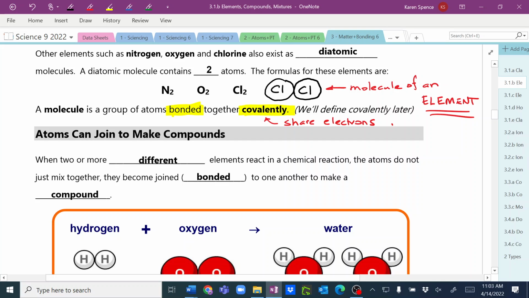However, not all molecules are elements. Can you think of a molecule that is not an element? H2O, because we've got two different types of atoms, okay? So when we have two different elements that are bonded together, then we get not an element, but a compound.